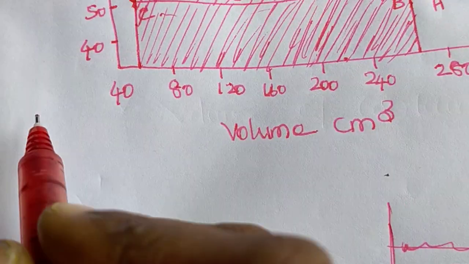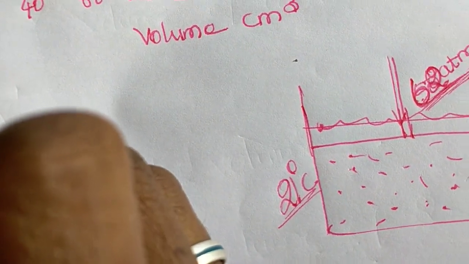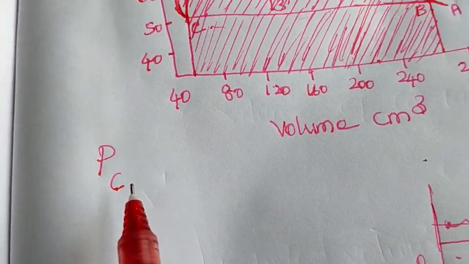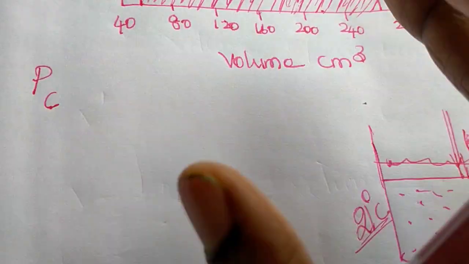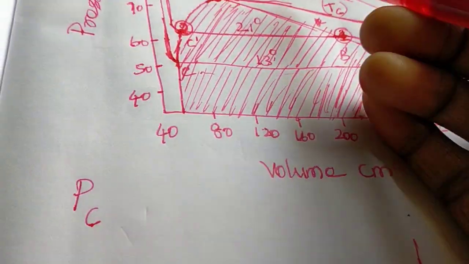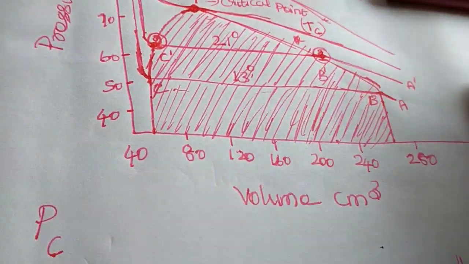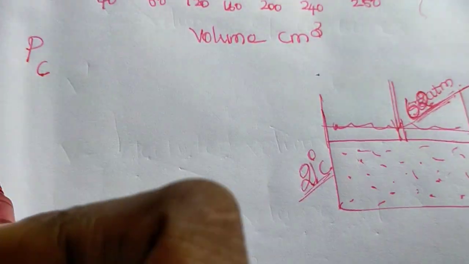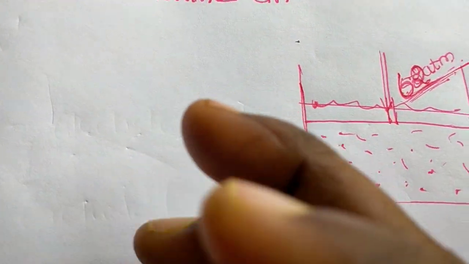Another term we use here is critical pressure, PC. What is critical pressure? It is the minimum pressure required to liquefy 1 mole of gas at its critical temperature. Another term is critical volume, which means the volume occupied by 1 mole of gas.